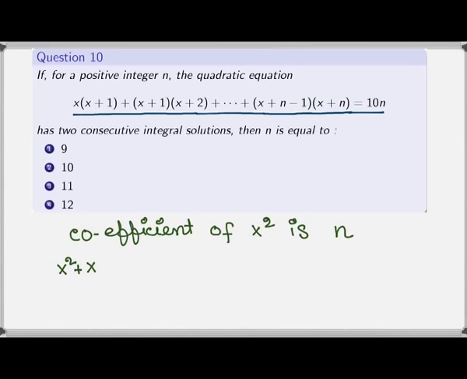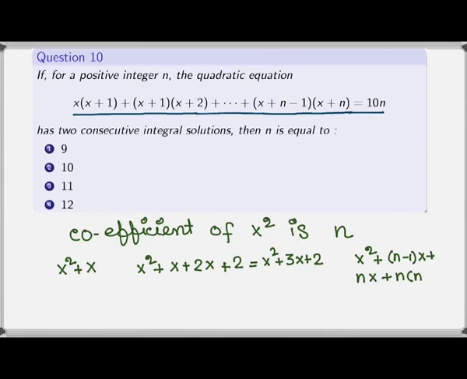If we split the second summand, we get x square plus x plus 2x plus 2, which is basically x square plus 3x plus 2. And then we split the last summand and then we get x square plus n minus 1 into x plus nx plus n into n minus 1. So here we get x square plus 2n minus 1 into x plus n into n minus 1.